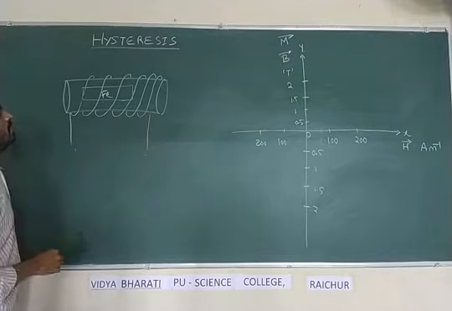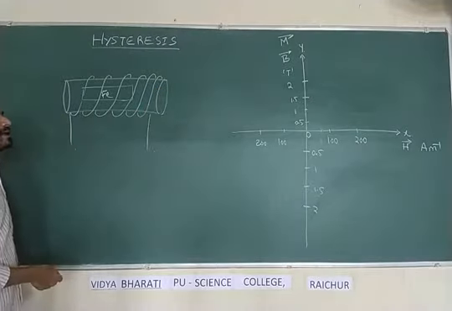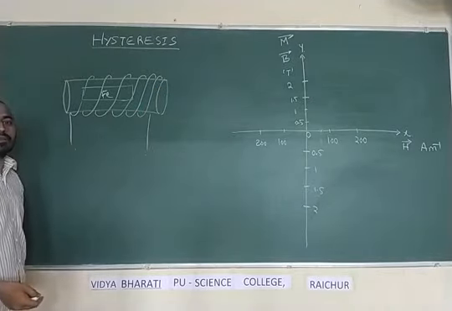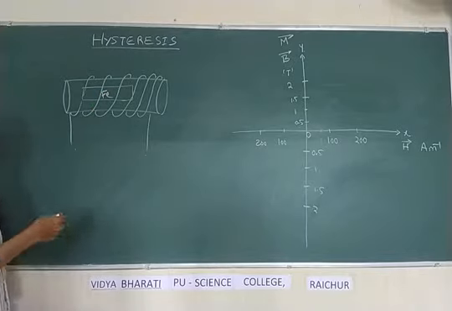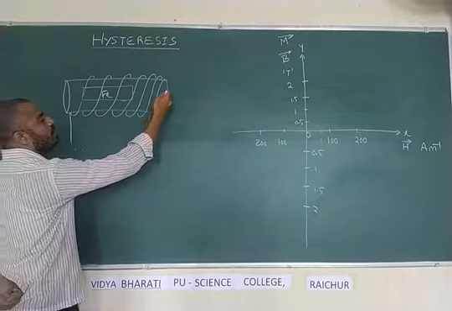Here, this is the magnetizing field. The field established inside the current carrying solenoid we call the magnetizing field. That field is responsible for magnetizing the ferromagnetic material kept inside the solenoid. And what is its intensity?